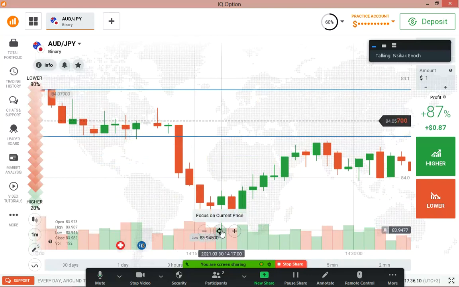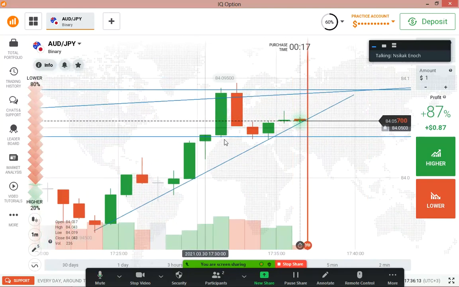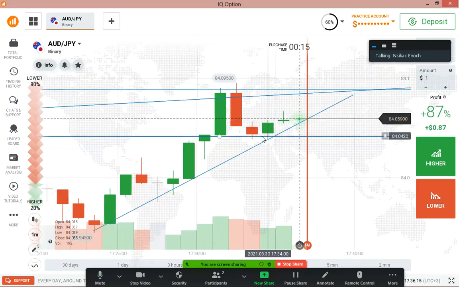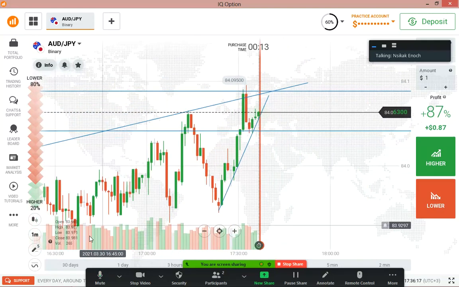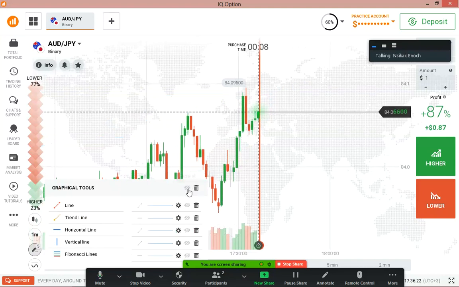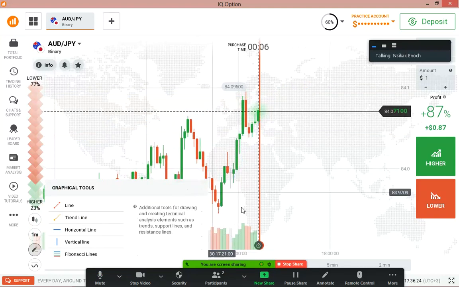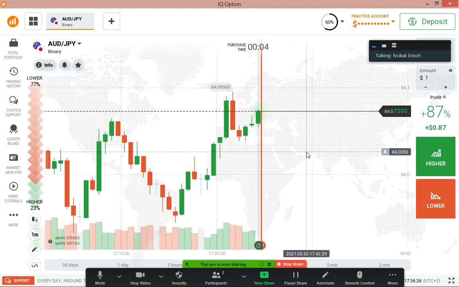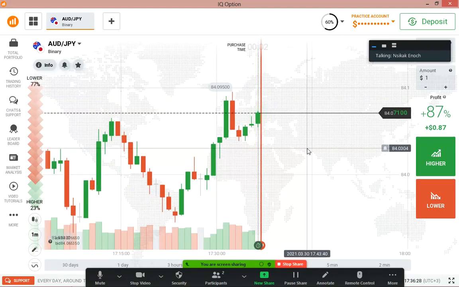So that means I have found out why buyers entered from this level, so that anytime the market makes this kind of formation, I should get ready to predict the next candlestick. So I shouldn't be making any mistake at all.